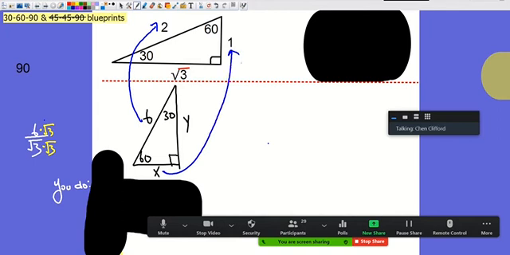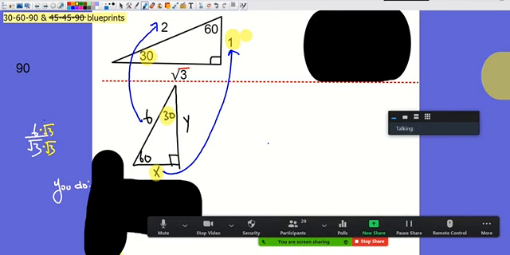And a sure shot way of knowing that is, again, the x is across from the 30, and so is the 1. Maybe I should even use highlights. The x is across from the 30, and so is the 1 right there.